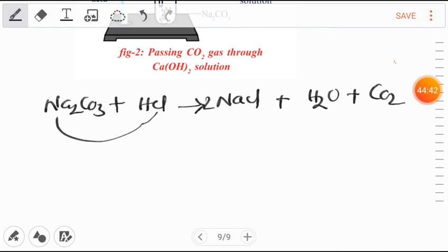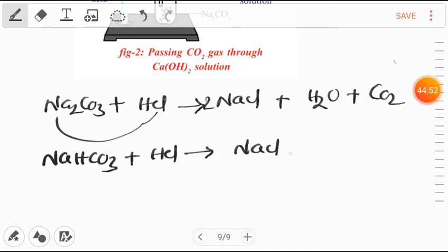If you take sodium bicarbonate, the same HCl you drop, same NaCl plus H2O plus CO2 is produced.